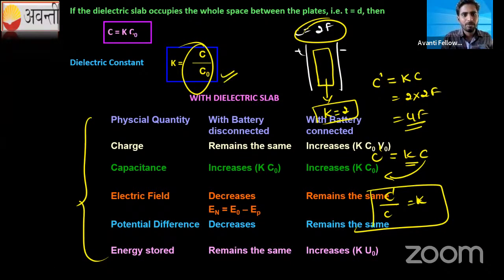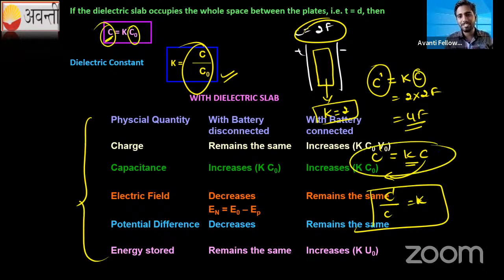K is equal to... Look here. C dash is the new capacitance, bro. I took it as C dash itself. K is proportional to the capacitance. This is the whole capacitance, the original capacitance, I took here as C. That's why here I write C dash is equal to KC.